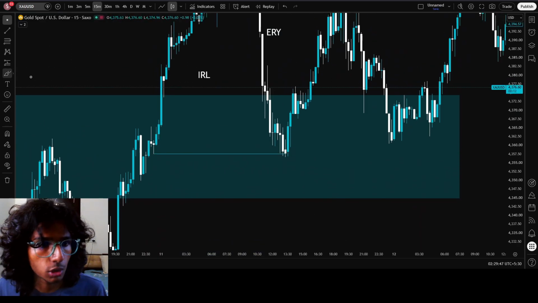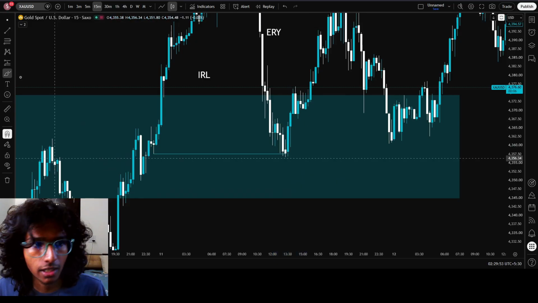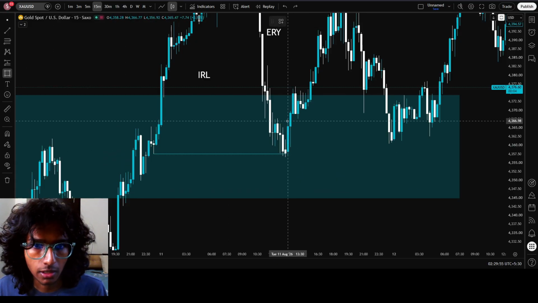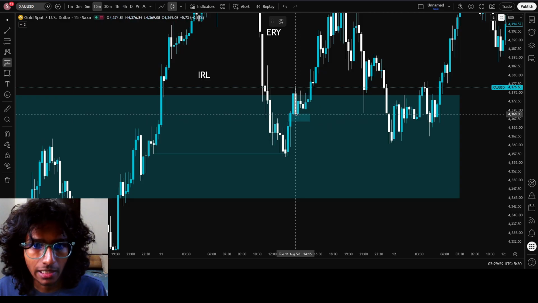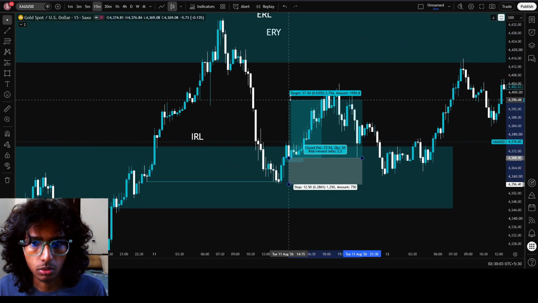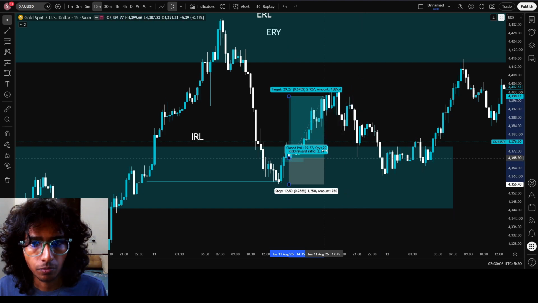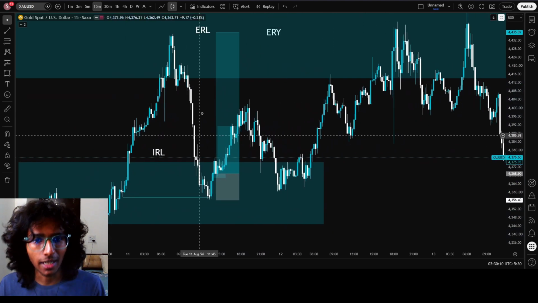As soon as it sweeps, goes back, you can see it breaks this high and then creates an FVG over here. You could have entered here and targeted 1:2, that's it. Or maybe you could have targeted the highs in this case.